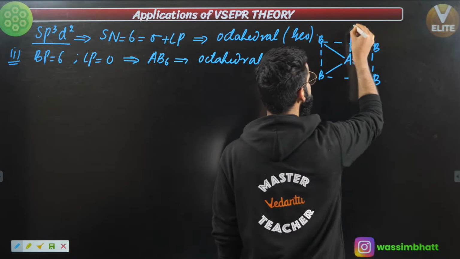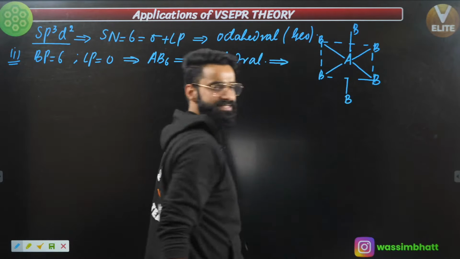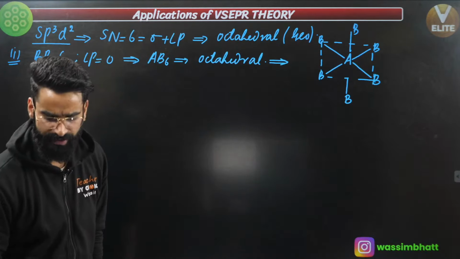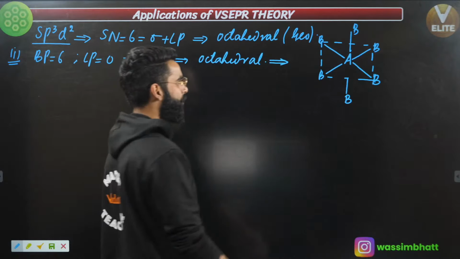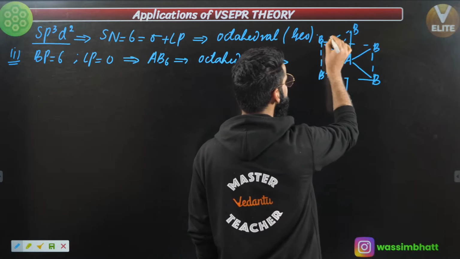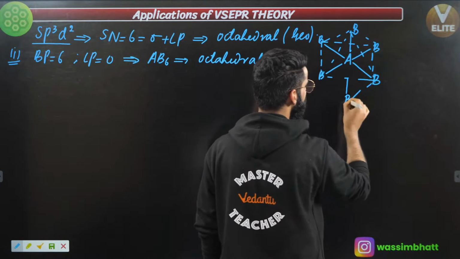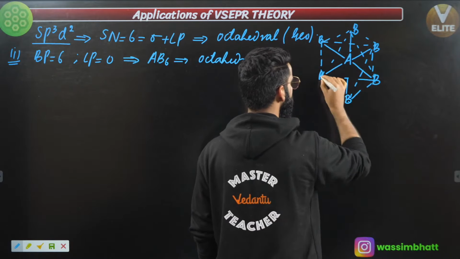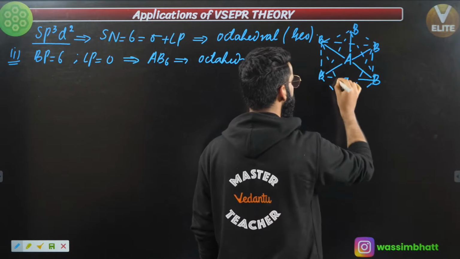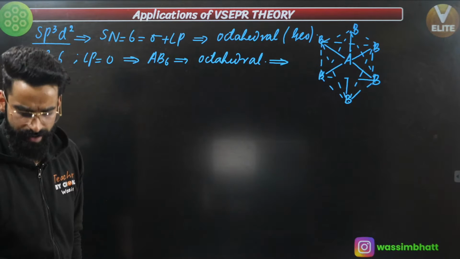There is a B just perpendicular to the plane like this, one more B perpendicular on this side, right? This kind of geometry is what we call octahedral geometry. Why do we call it an octahedral geometry? Because if you join these things like this, you get a perfect octahedron. Now guys see.